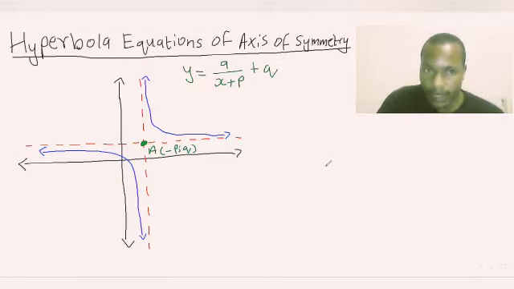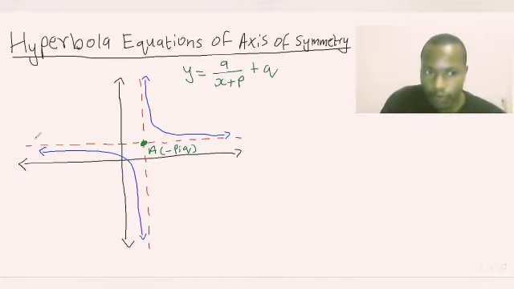The hyperbola has an axis of symmetry with a positive gradient as well as one with a negative gradient. All these axes of symmetry stem from one point, which is brought on by the asymptotes.